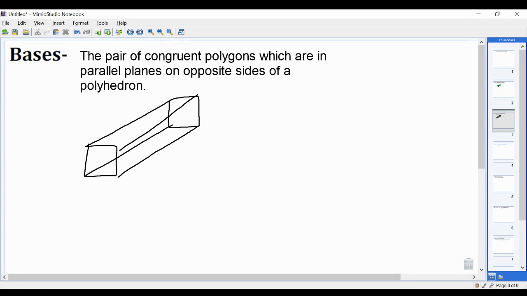The bases are these sides on opposite ends. These are the bases. It's the starting polygon that we pushed through space to make into this three-dimensional shape. Note that these two polygons, called the bases, are in parallel planes, and they're on opposite sides of our prism.